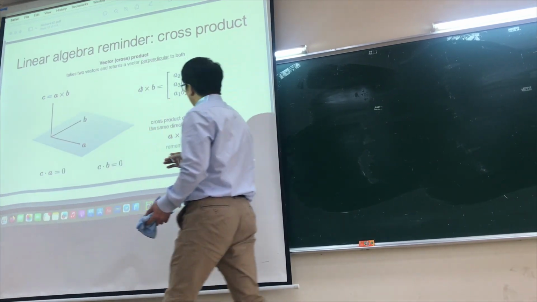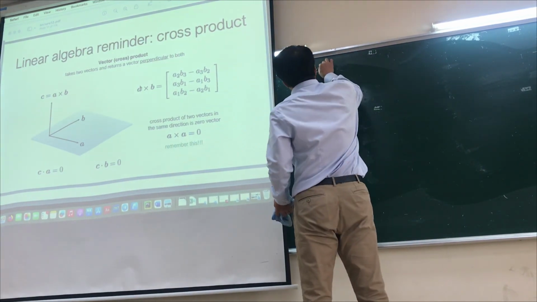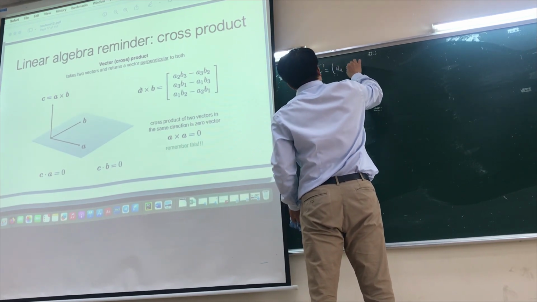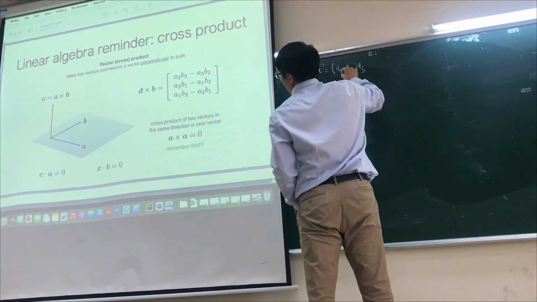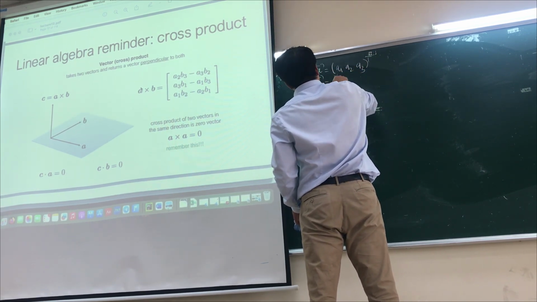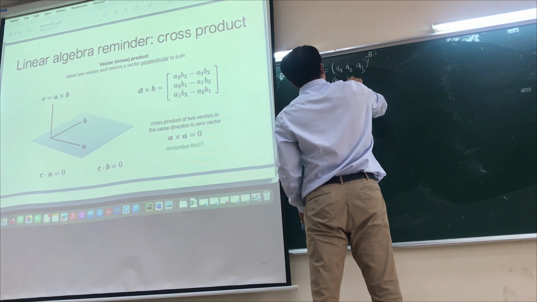But now for the cross product, let's say we have vector A equal to A1, A2, A3, and vector B equal to B1, B2, B3.